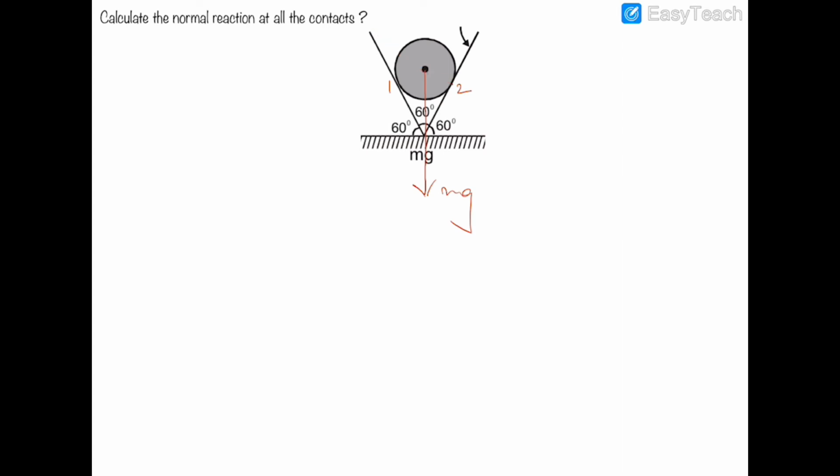So I'm drawing it straight like that. This will be like that. Let us name it as N1, N2, and this one will be like that. This is N1.